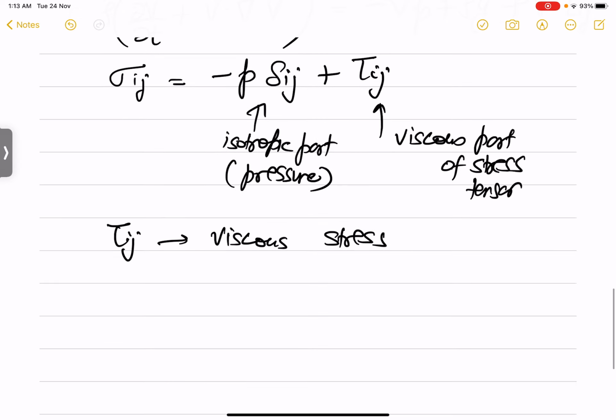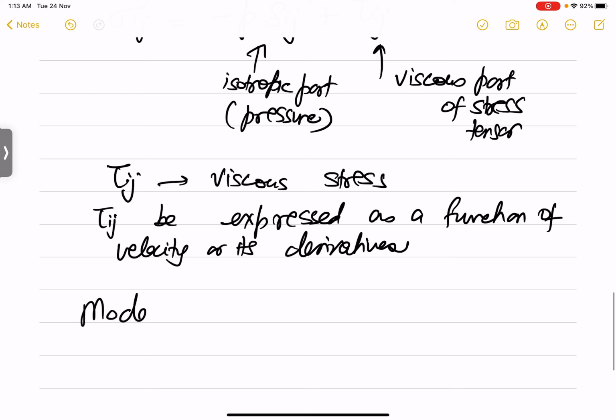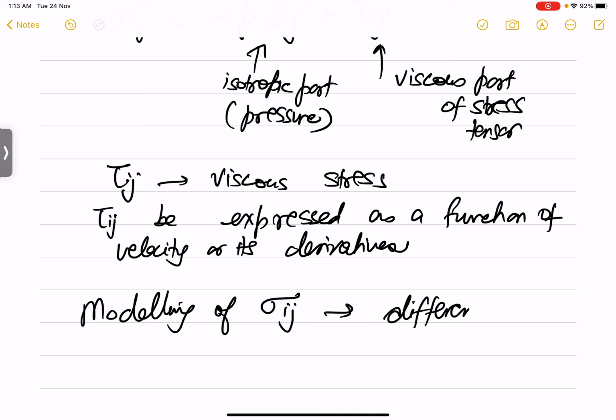And what we would like to do is see if tau ij can be expressed as a function of velocity or its derivatives. And actually, it is the modeling of tau ij, or in full form the modeling of sigma ij, which makes the difference between solids and fluids.